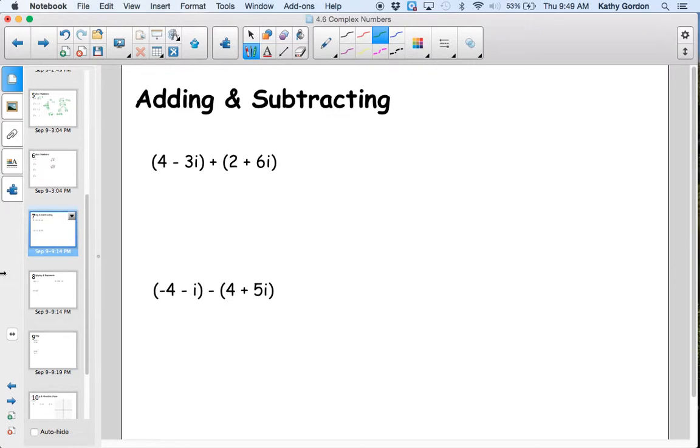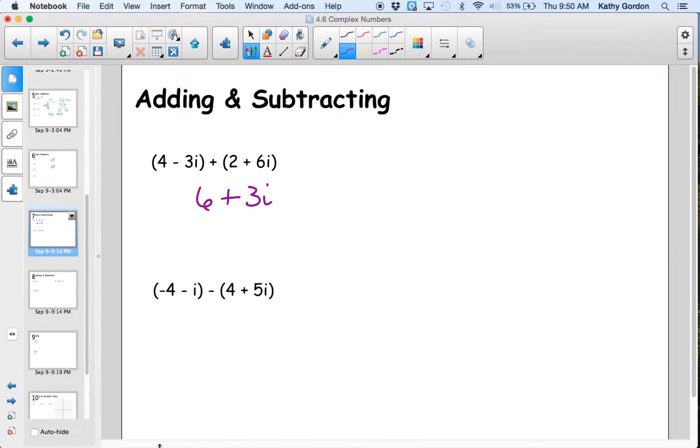So the real parts will get added to the real parts, and the imaginary parts will get added to the imaginary parts. So what is my answer going to be? 6 plus 3i. It's not any more complicated than that.